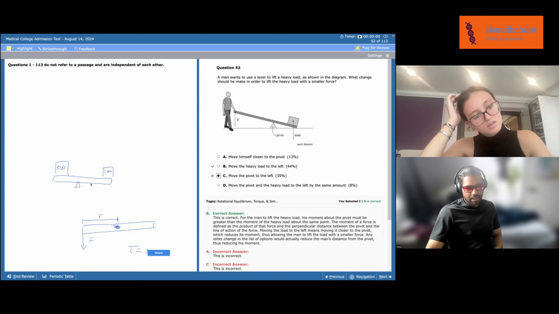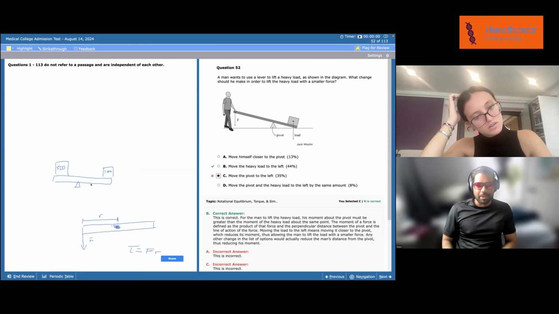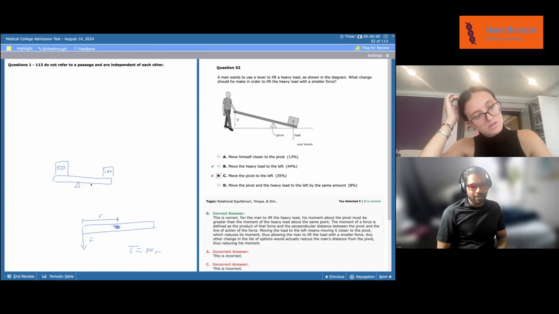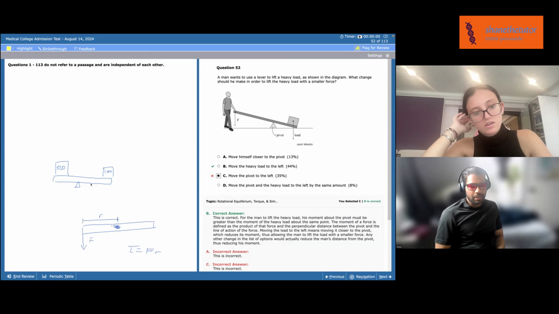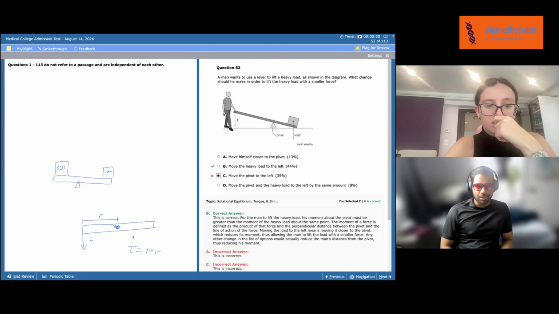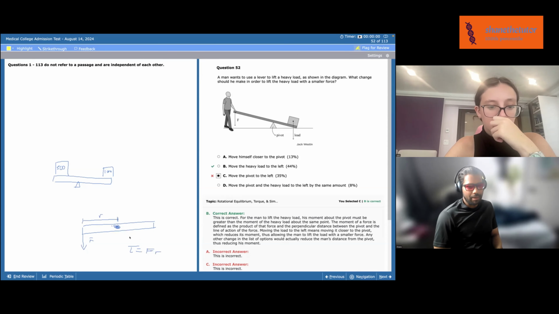Torque is that force applied times that distance. I mean, there's a sine theta there too, but that just means that it's perpendicular. Okay. So you can see that torque increases as you increase the distance from that pivot.